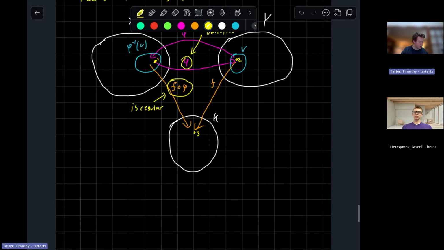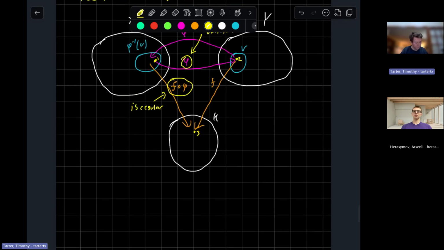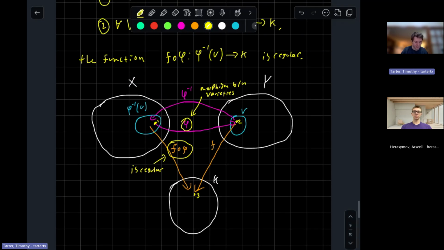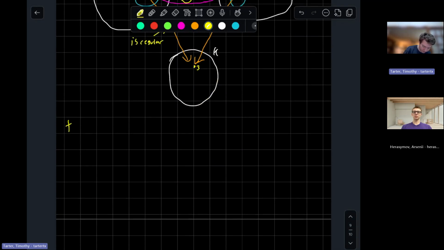And so clearly the composition of two morphisms is a morphism. That's not clear at all. But basically this is a category.